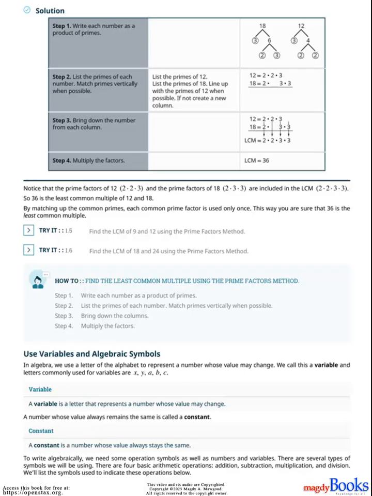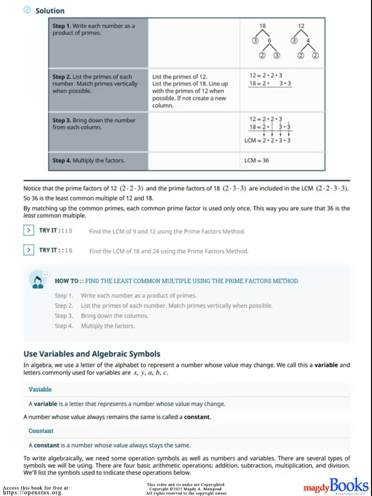Step 3. Bring down the number from each column. LCM equals 2 times 2 times 3 times 3. Step 4. Multiply the factors. LCM equals 36.